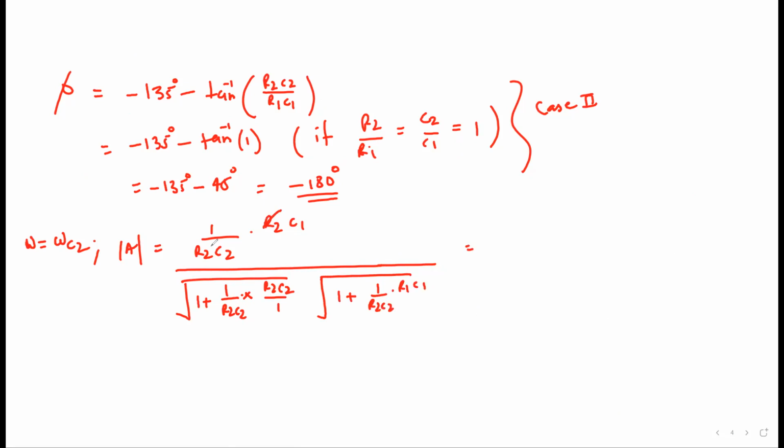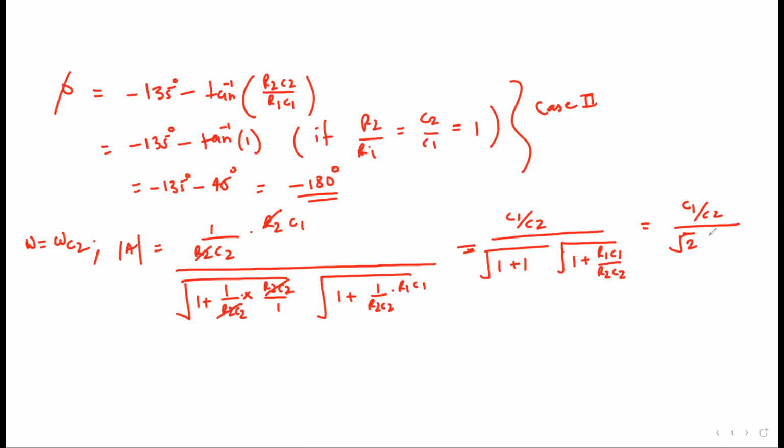So we see here R2 gets cancelled. So instead of a resistor ratio, we have a capacitor ratio now. And here we have these two terms getting cancelled, so it is 1 plus 1. And in this other bracket, we have 1 plus R1C1 over R2C2. So that finally simplifies to root 2 divided by 1 plus R1C1 over R2C2.